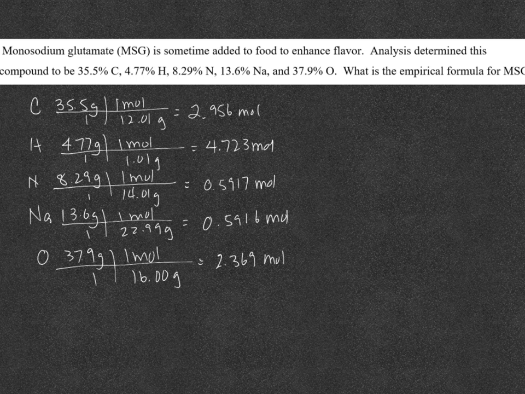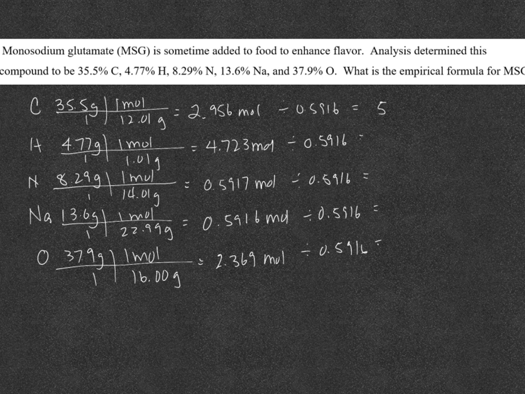So we've done percent to mass, mass to moles. Now we divide by smallest, and the smallest is 0.5916. So we divide all of them so that we can get a ratio. And if I get a whole number for each of these, I'm done.